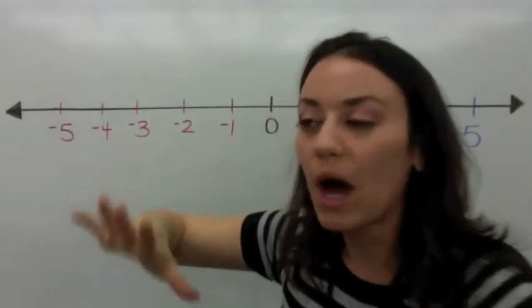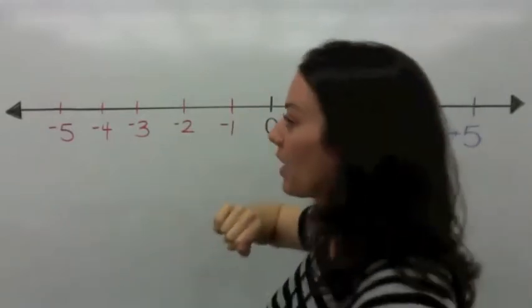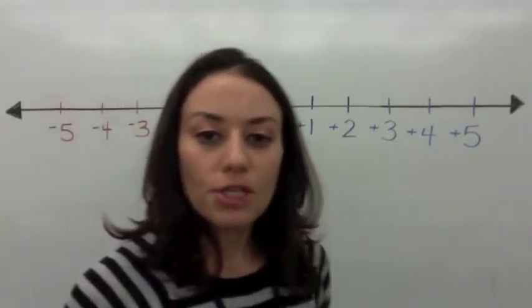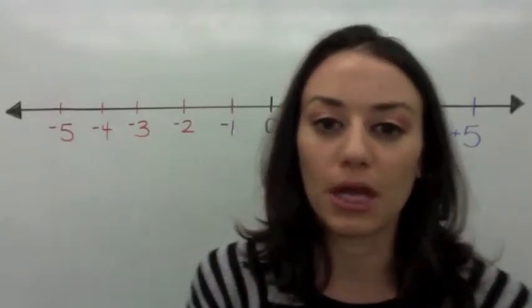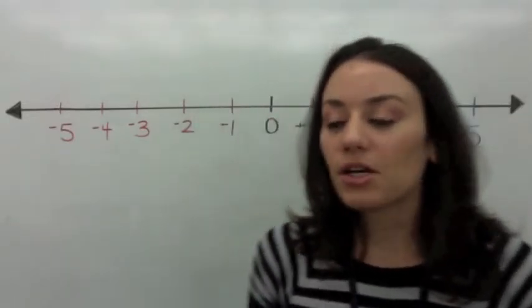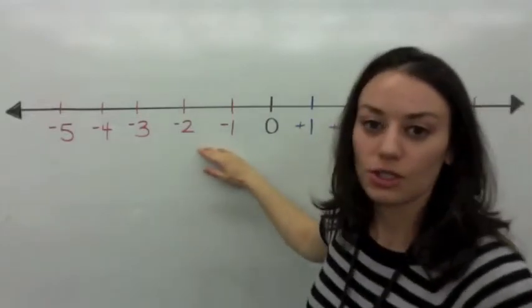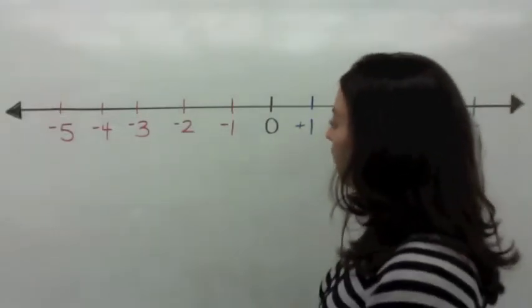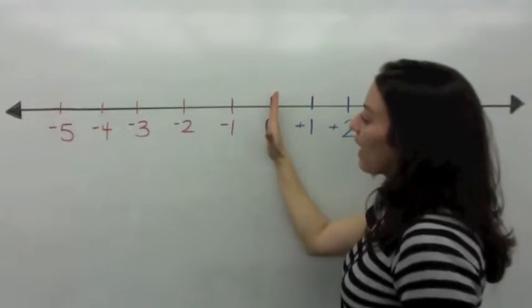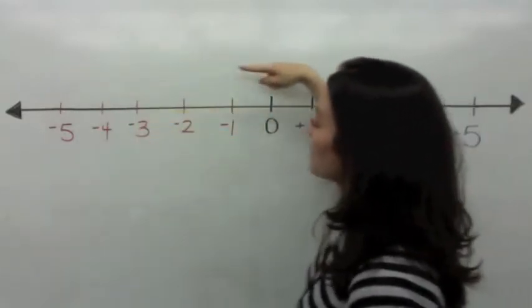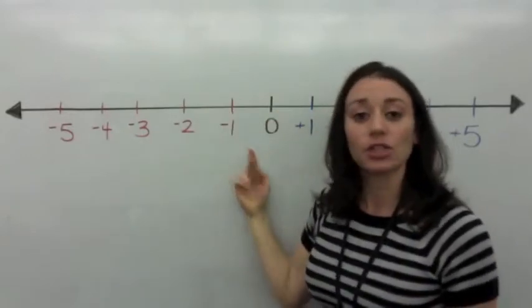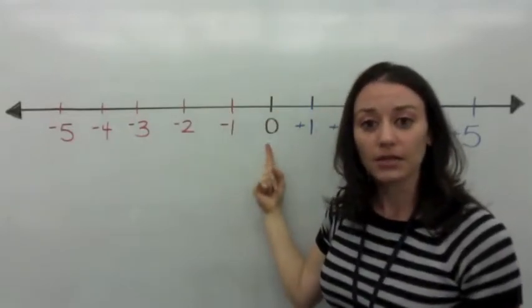So it's important to know which direction the integers go on the number line. I want to start with negative integers since you might not be familiar with them. When you have negative integers and you're moving to the left, these numbers are less than 0.